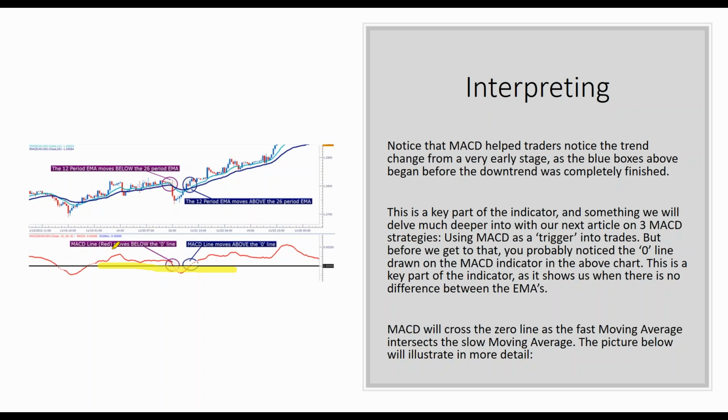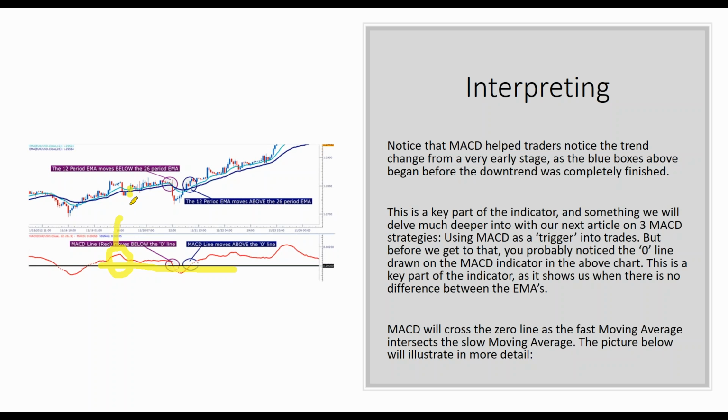And remember, this line is simply the difference between these two EMAs above on the chart. So if the EMAs were equal, what would they be? They would be zero at the zero line. If one EMA was bigger than the other EMA, and since you're using the difference between the 12 and the 26 EMA, it would either be a negative or a positive number.